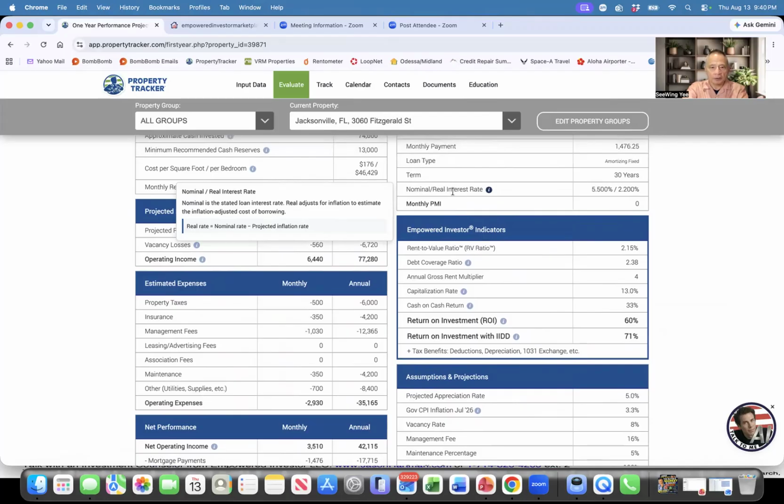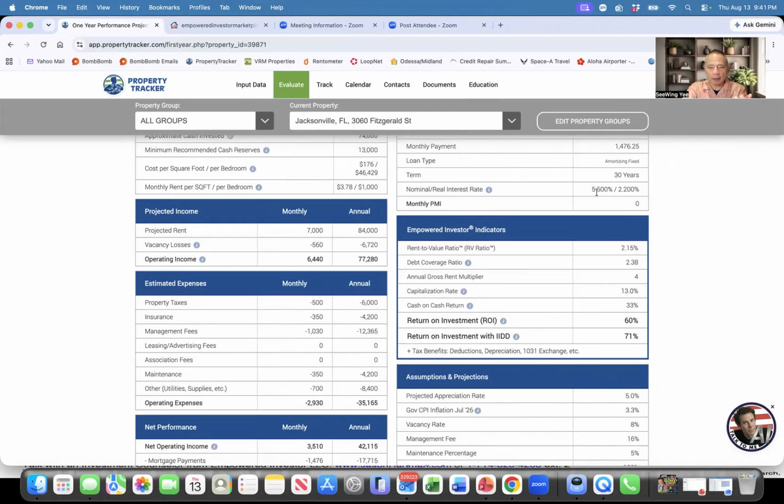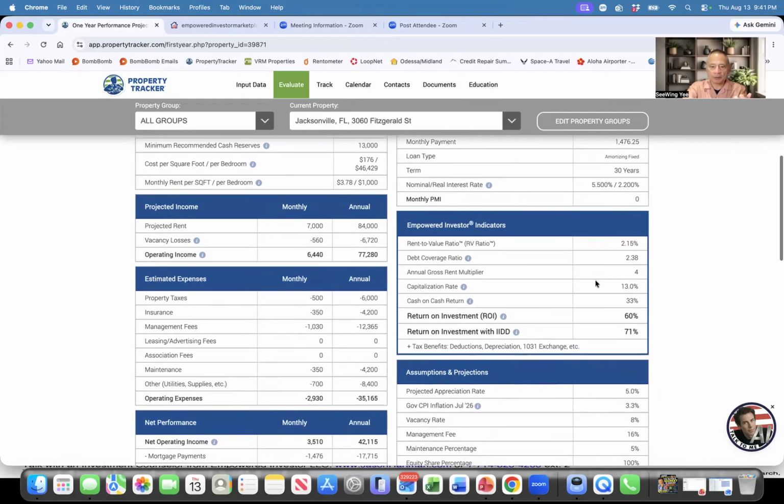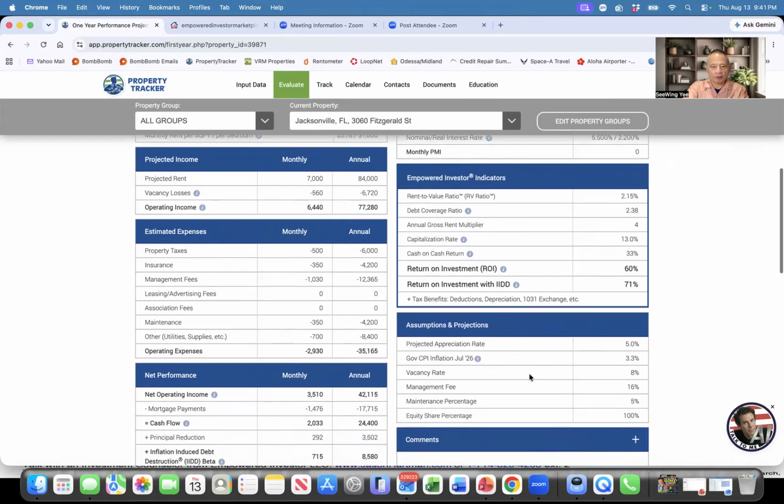The real rate adjusts for inflation to estimate the inflation-adjusted cost of borrowing. So the real rate equals the nominal rate minus the projected inflation rate. So nominal rate 5.5% minus inflation rate 3.3% equals 2.2%. So you know what I mean?